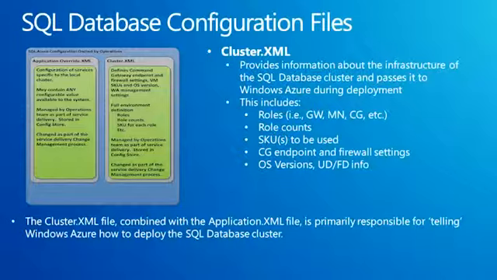Cluster XML contains role definitions, role counts, which machine SKUs are to be used, and these SKUs refer to the Windows Azure SKU definitions, where the command gateway endpoint is and any relevant firewall settings for that endpoint, operating system versions, upgrade domain and failure domain information and count, as well as other items such as the location of the image store, general firewall rules, and so on.